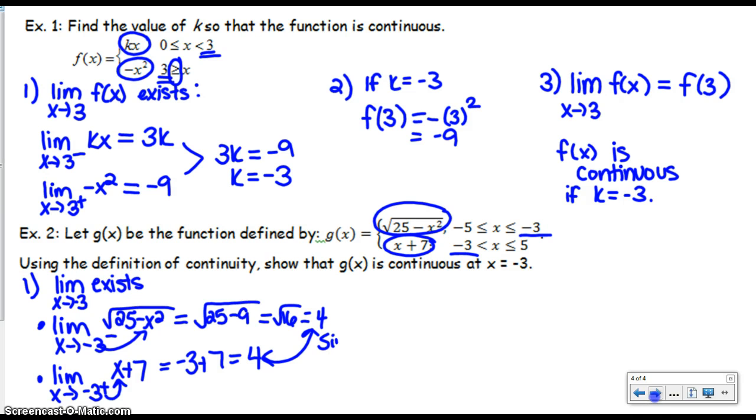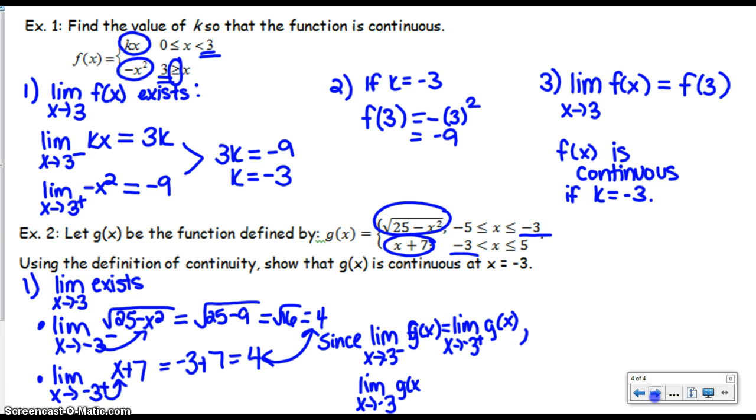So we can say since the limit as x approaches negative 3 from the left of g of x is equal to the limit as x approaches negative 3 from the right of g of x, the limit as x approaches negative 3 of g of x is equal to 4.